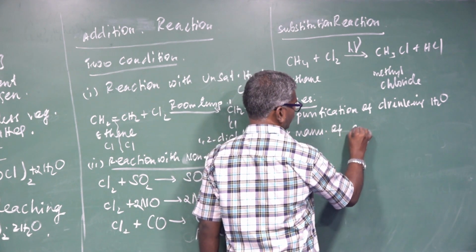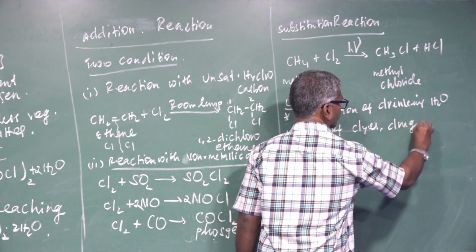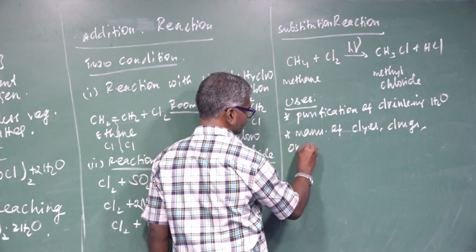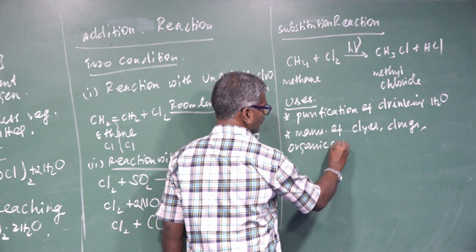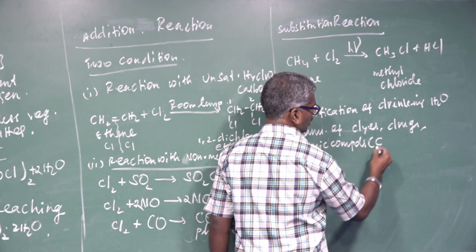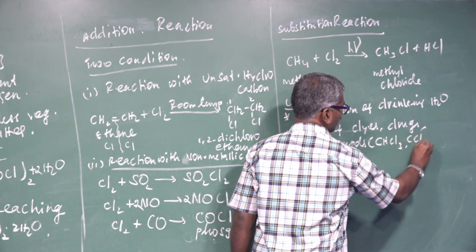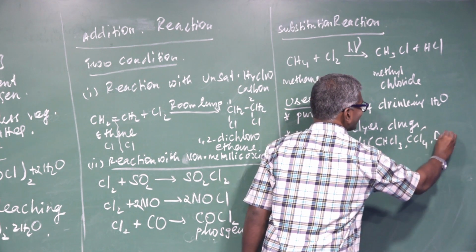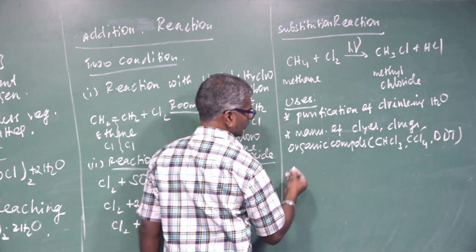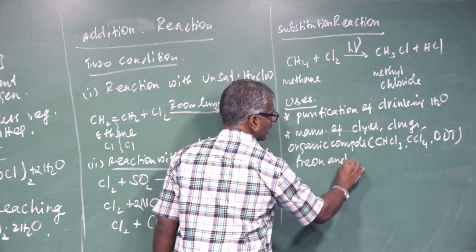That is dyes, drugs, organic compounds. That is chloroform, carbon tetrachloride, DDT, freon and bleaching powder.